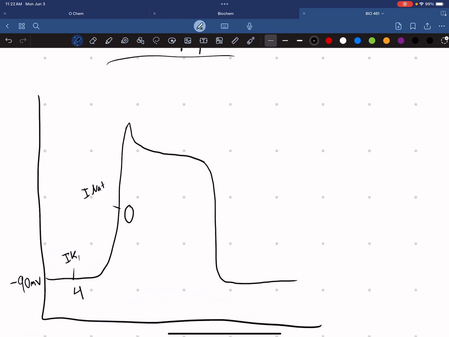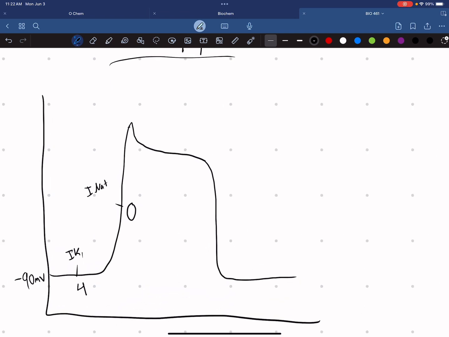So here at the top, right after this action potential reaches its peak, we have phase 1 right here. And this is regulated by what are called ITO channels right here. And we have ITO1 and ITO2.